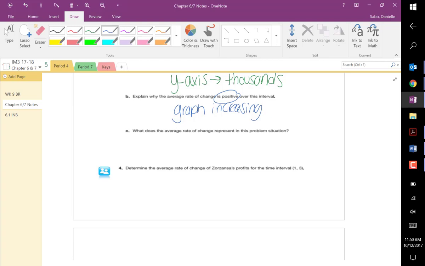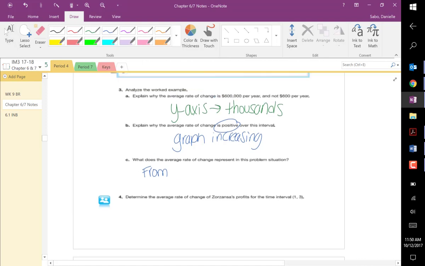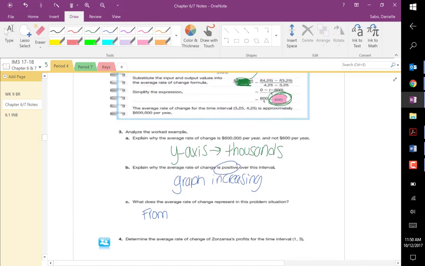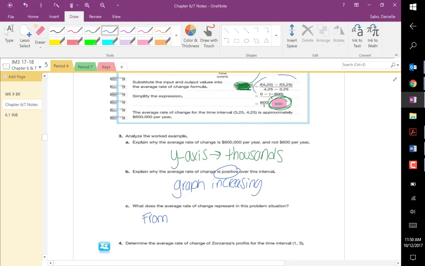Okay, so let's talk about that for a second. I am telling you that we made $600,000. From what year to what year did we do that? Look at your example. From what year to what year did I make $600,000? What numbers did we plug in? Up here in blue.